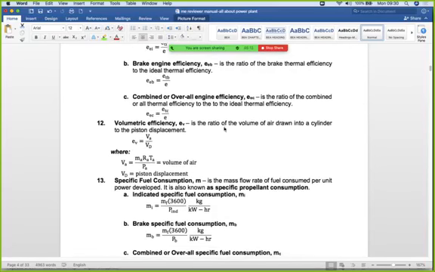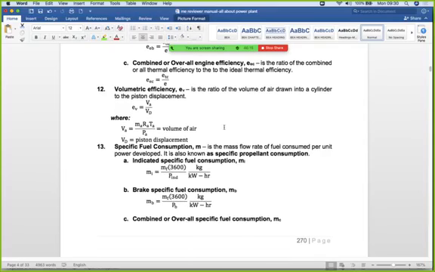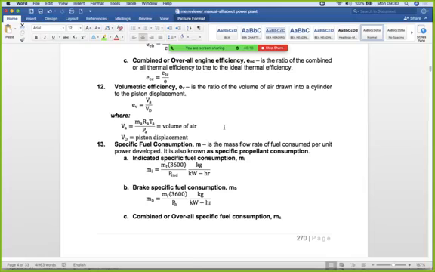We go to volumetric efficiency. So again, that is output over input. So always remember that it is a ratio of volume of air drawn into a cylinder to the piston displacement. You can try this one. This is V1 and V2. Or this one here is VA over piston displacement.